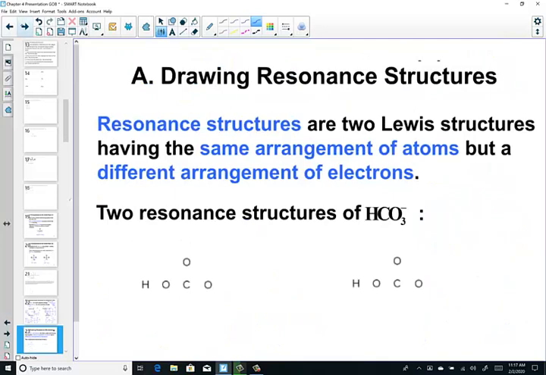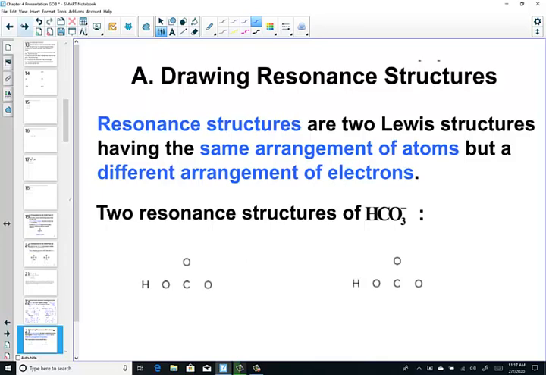When we consider resonance structures, these are 2 equally valid Lewis dot structures that have the same arrangement of atoms, but a different arrangement of electrons. Same arrangement of atoms.